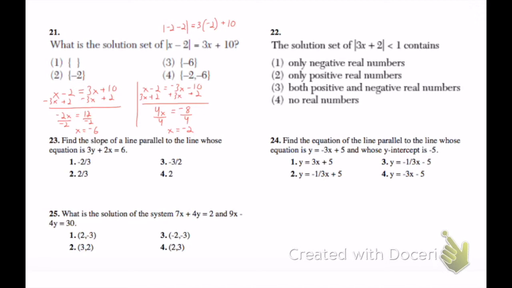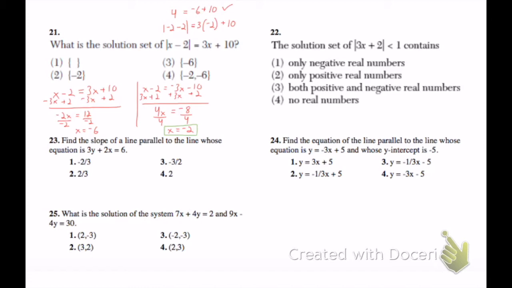So it comes out of the absolute value as 4. Does that equal negative 6 plus 10? Yep, it does, because 4 equals a negative 6 plus 10, which is 4 equals 4. So we know that negative 2 works. Let's box that in. This is definitely a solution.